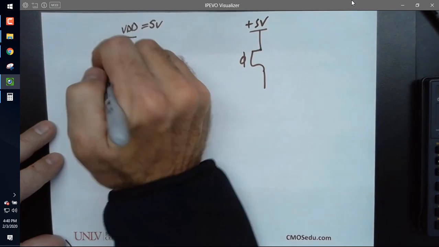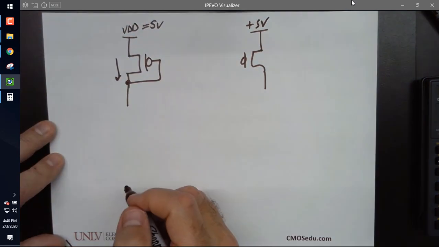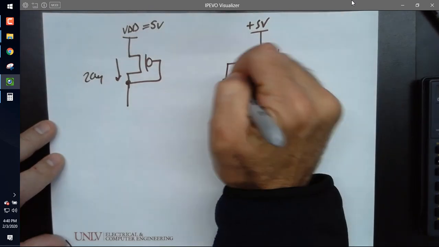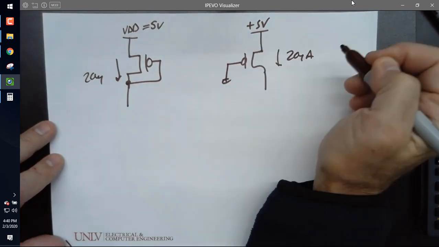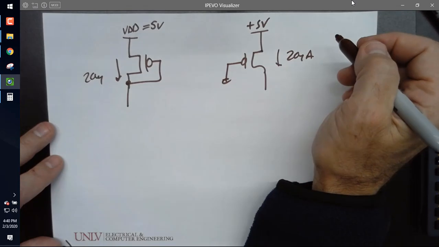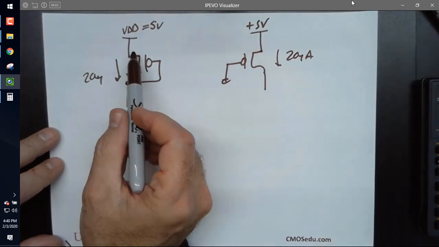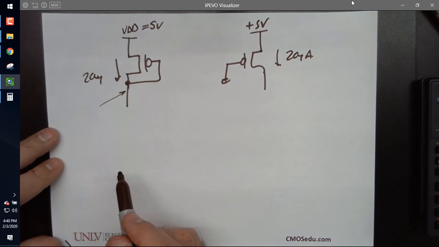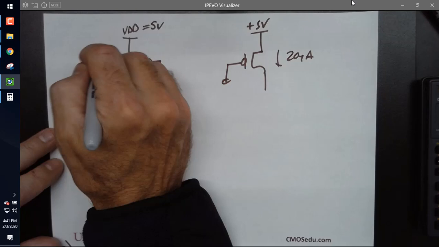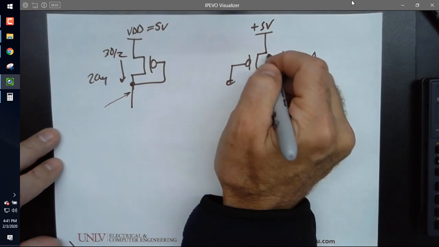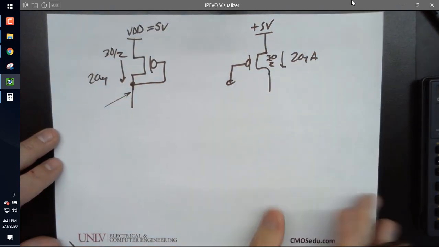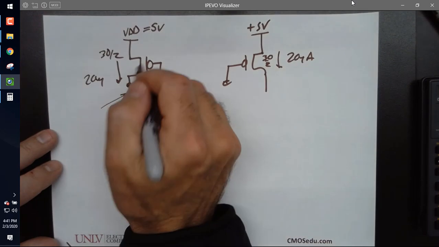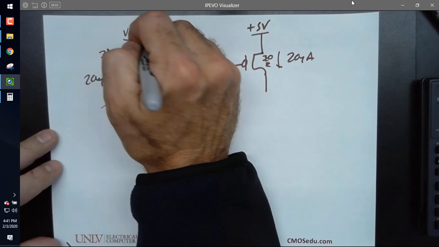What's the current flowing here? 20 micro. What's the current flowing here? 20 micro. Okay, so now I ask, what is this voltage here? It's 5 minus VSG, so I'm going to calculate VSG, right?